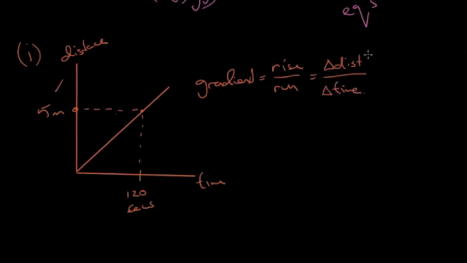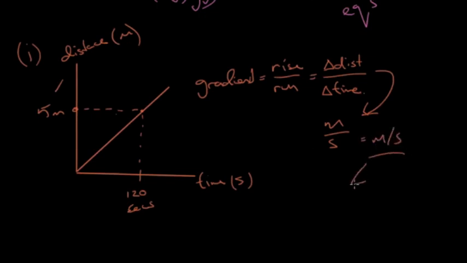But if we think about what our units are, distance is in meters, right? And time is in seconds. So what we're actually doing here is just saying meters divided by seconds, which is just meters per second, which is the unit for speed.